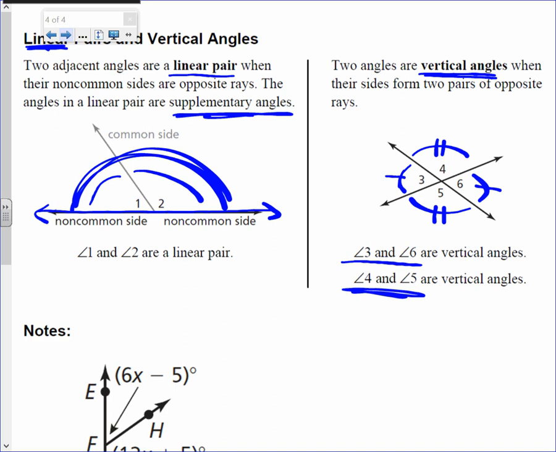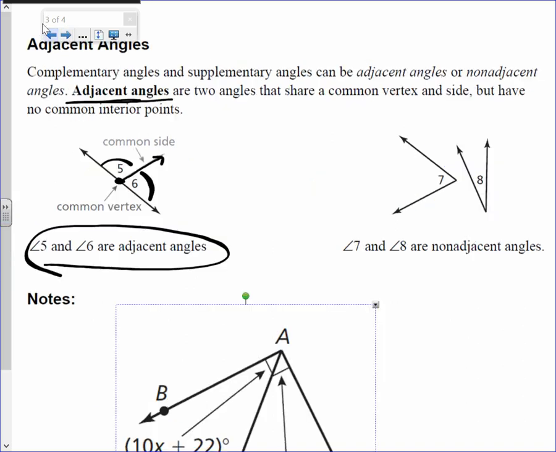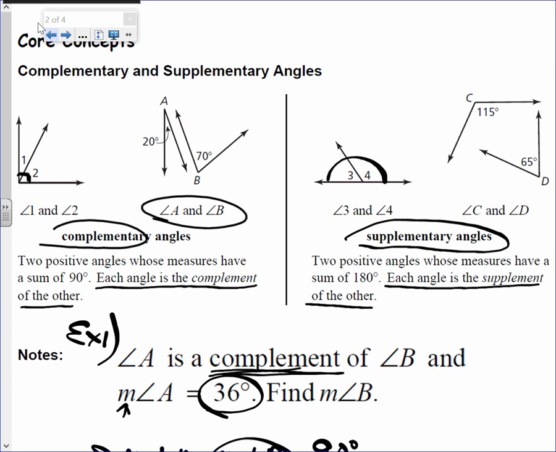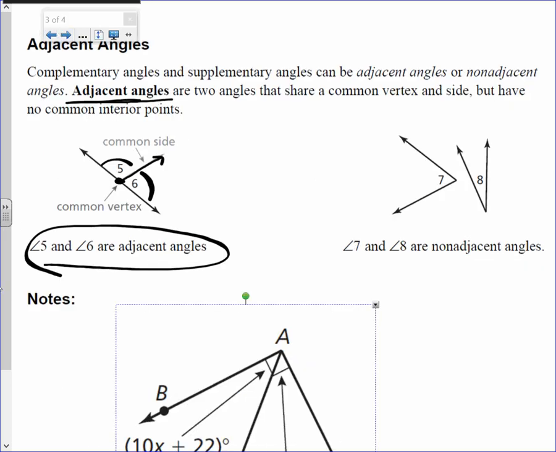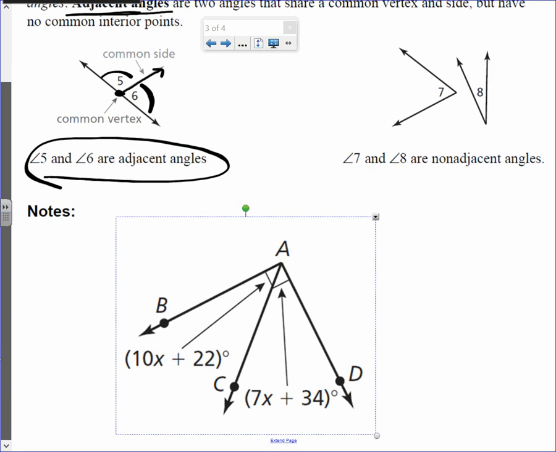Ready? Here we go. So we got those two. Example 3. On the top of page 2, there's a little section for your notes. Go ahead and write example 3. Go and draw this picture.